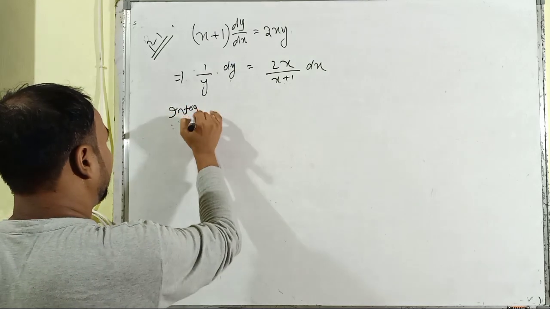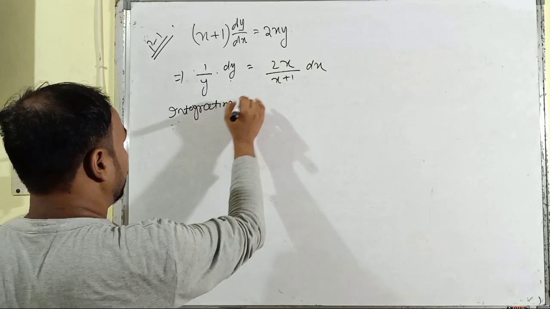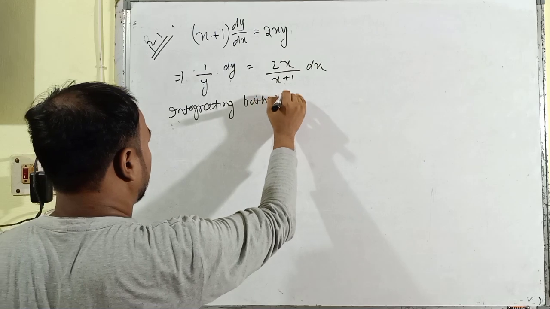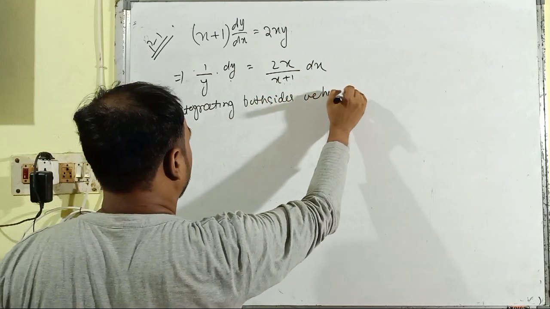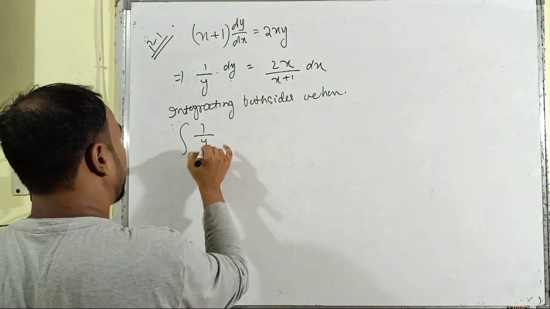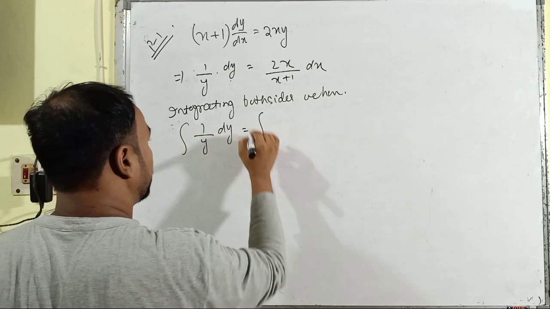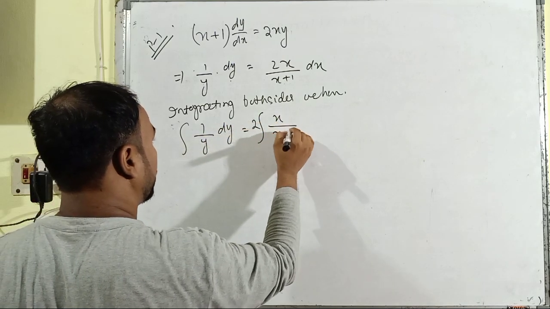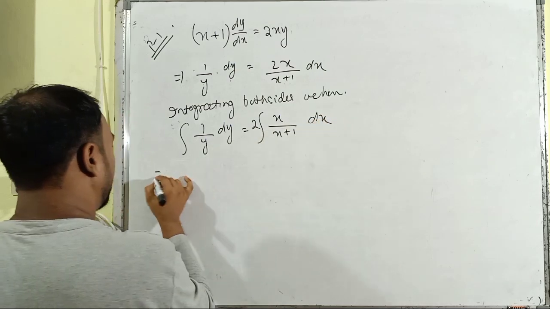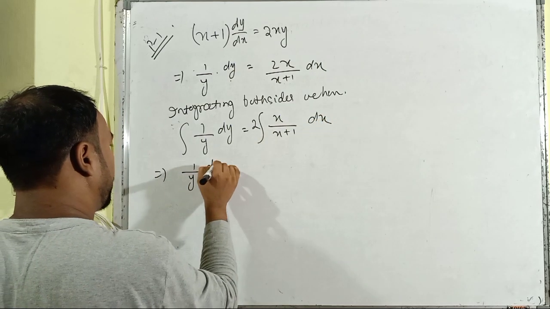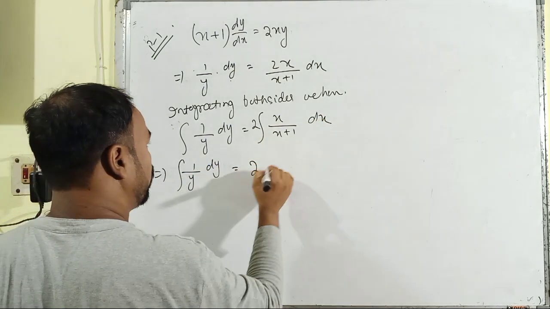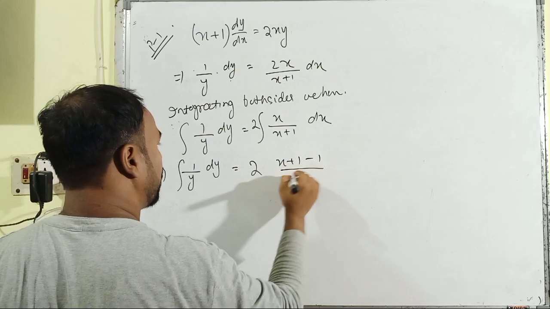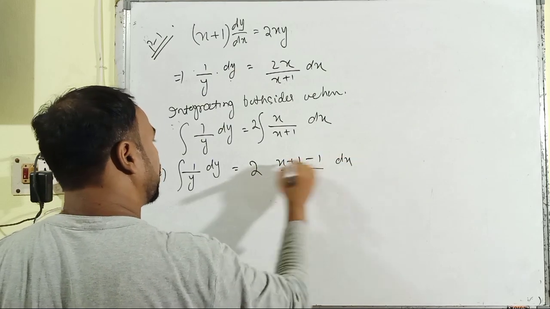Integrating both sides, we have integral of 1 upon y dy is equal to 2 times integral of x upon x plus 1 dx, and then 1 upon y dy is equal to 2 times integral of x plus 1 minus 1 divided by x plus 1 dx.